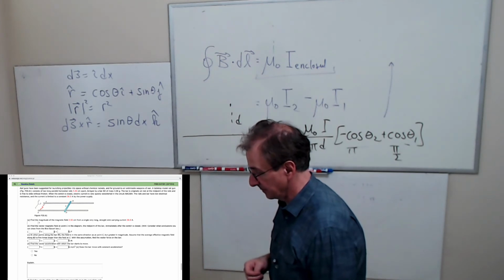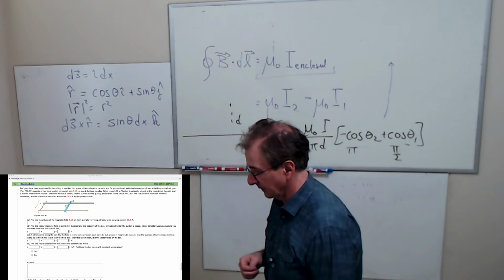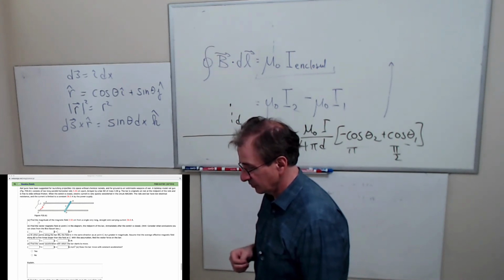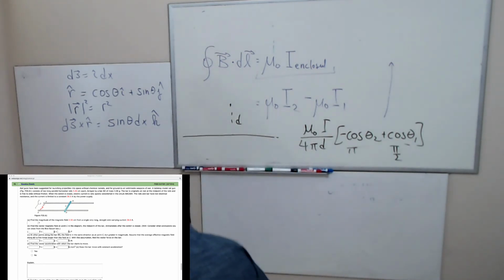Does that make sense? If it was infinitely long, you couldn't start it at an end, right? So you'd be integrating from pi over 2 to pi, and you would end up getting half the field of the fully infinitely long wire. So that's one tricky thing.